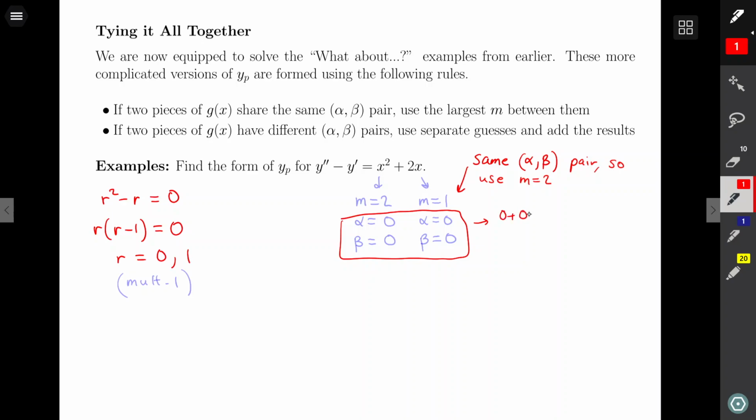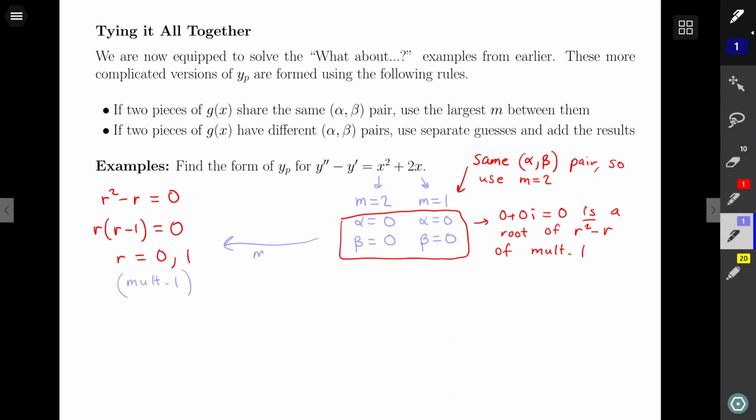So 0 plus 0i, alpha plus beta i, which is 0, that is a root of the auxiliary polynomial of multiplicity 1. So that means that since there's a match and the multiplicity was 1, s is going to equal 1.